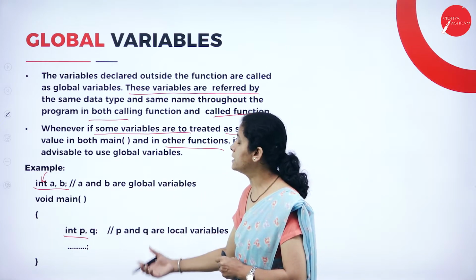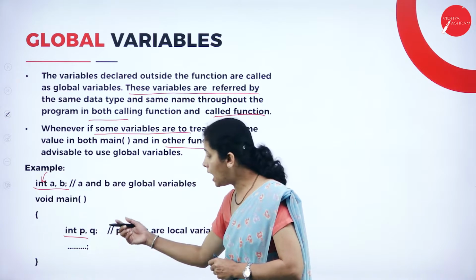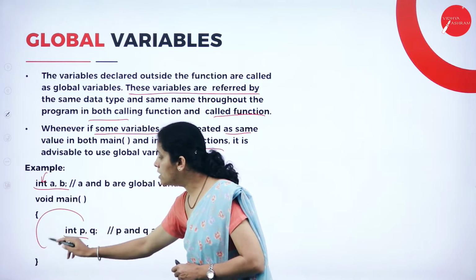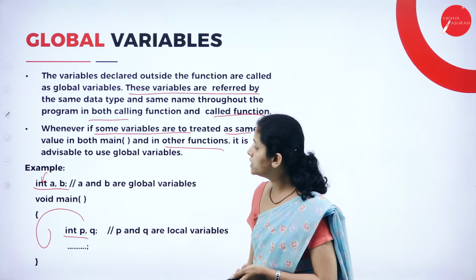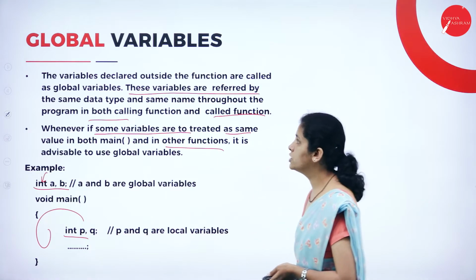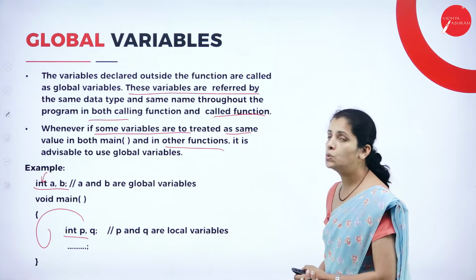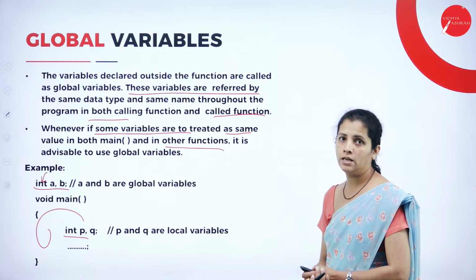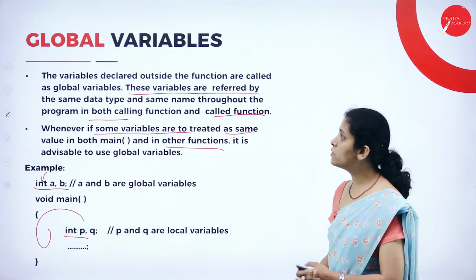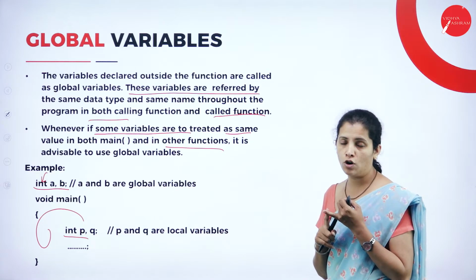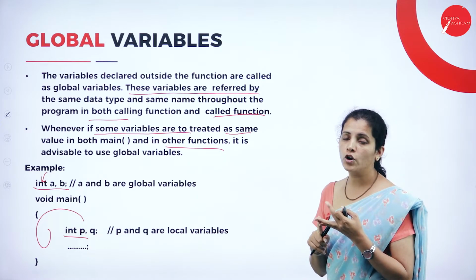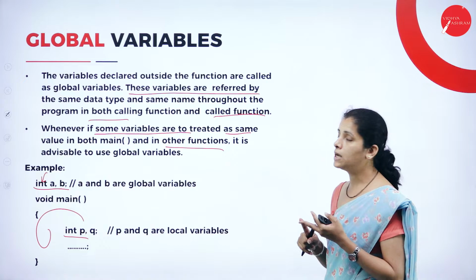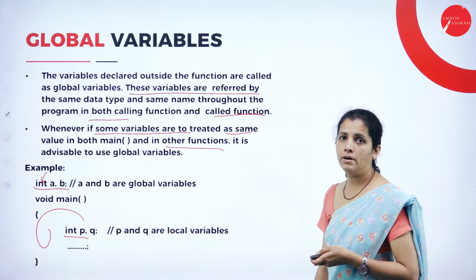So this is nothing but the local variables, and the scope of these variables is within the main function. Anyway, dear student, these are the 4 different types of arguments. What are the 4 different types of arguments? That is actual argument, then formal argument, local variable as well as global variable.